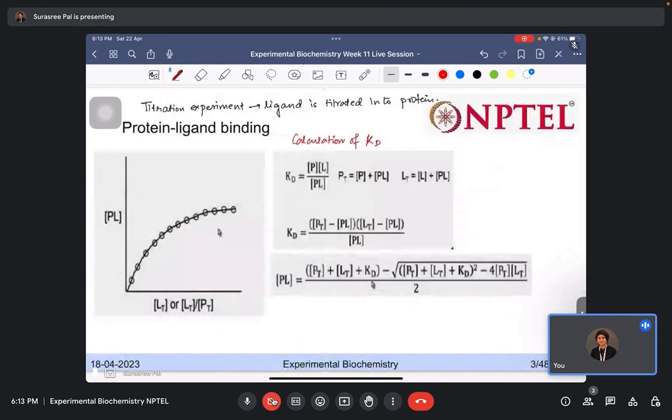Now, how do we determine the dissociation constant? What is the experiment that we can design? So the experiment that we can design here is a titration experiment.